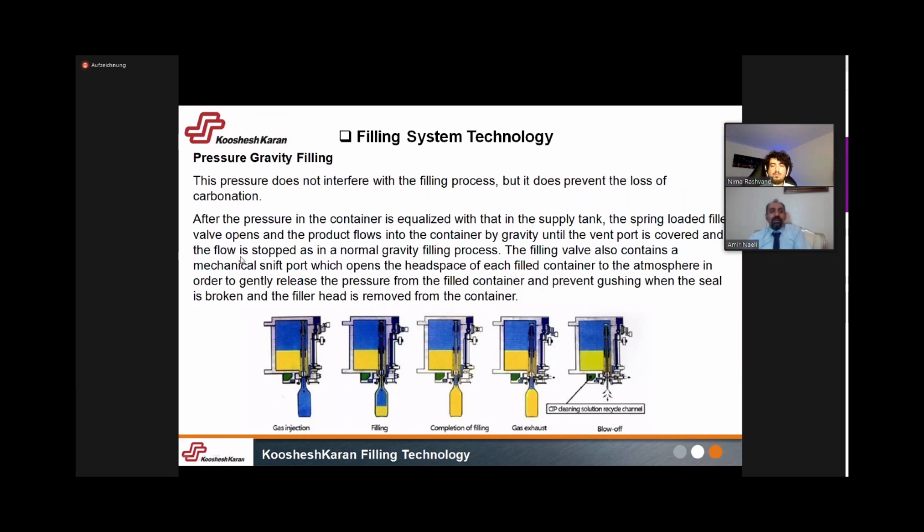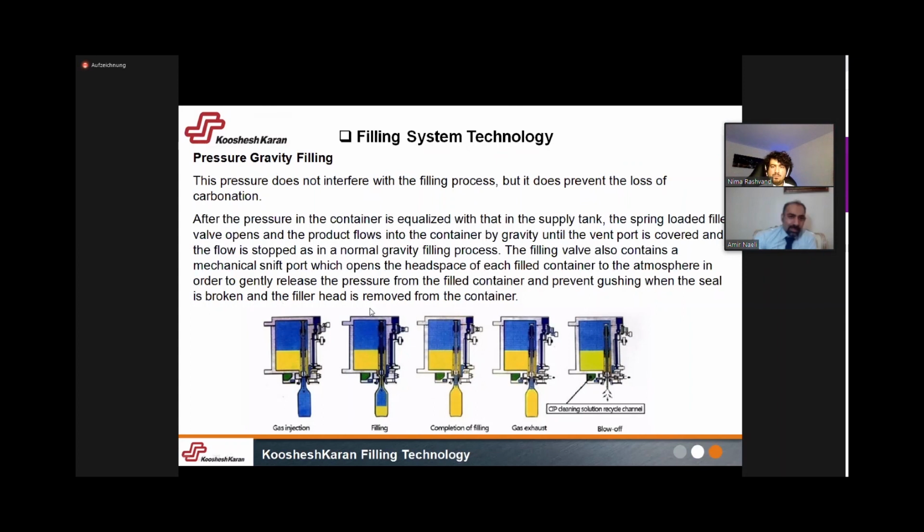The filling valve also contains a mechanical sniff port which opens the headspace of each filled container to the atmosphere in order to gently release the pressure from the filled container and prevent gushing when the seal is broken and the filler head is removed from the container.